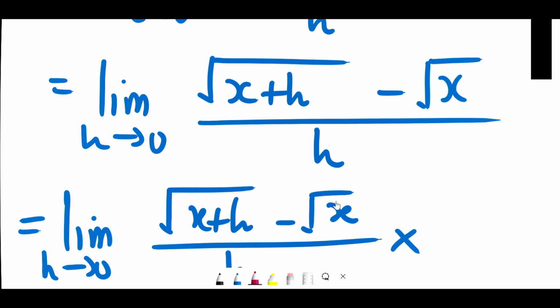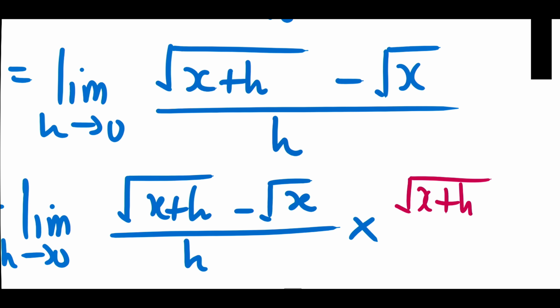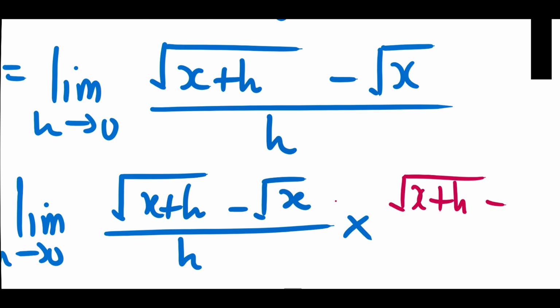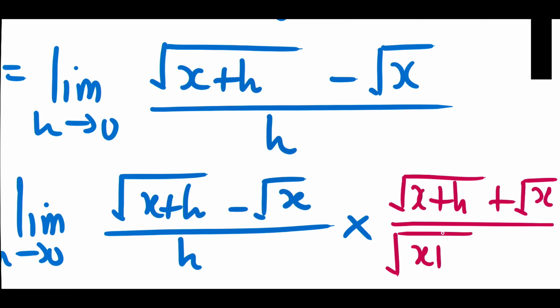So the conjugate comes: square root of x plus h, the original one is plus minus, so this one becomes plus square root of x, divided by the same thing. We are applying the concept of equivalent fraction here.